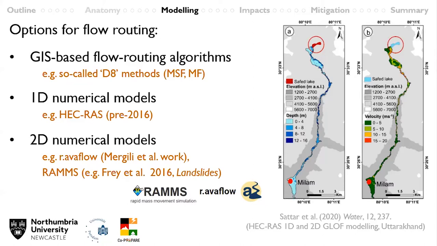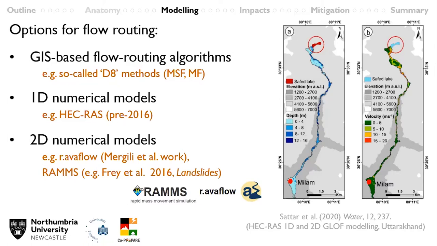We also now have fully two-dimensional numerical models, which can simulate both changes in depth and lateral spread across a channel, not just treating it as a singular, simple flow height that you vary down a river channel.